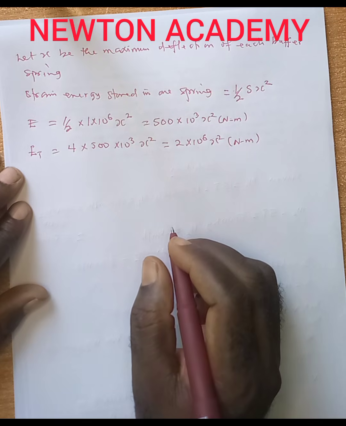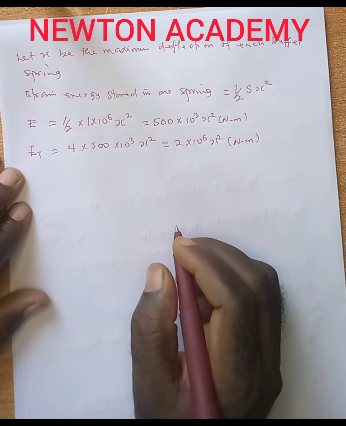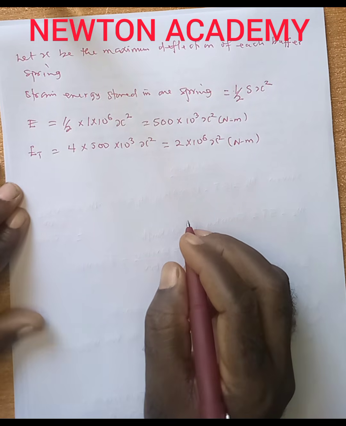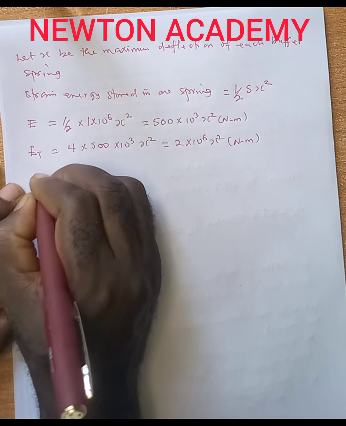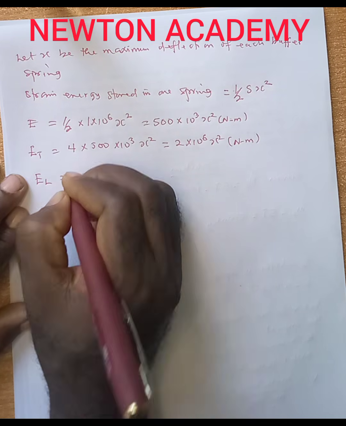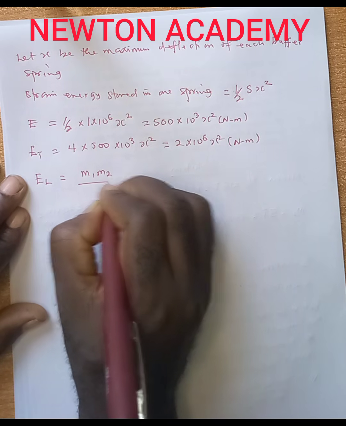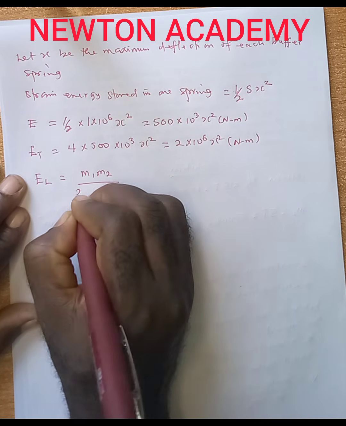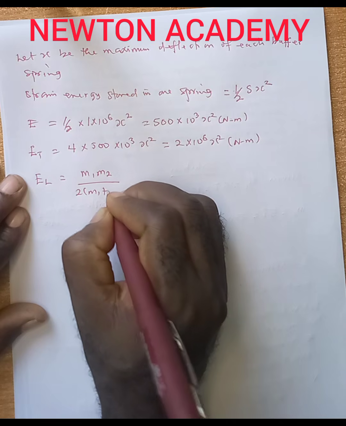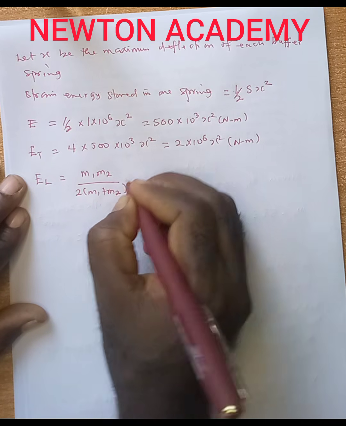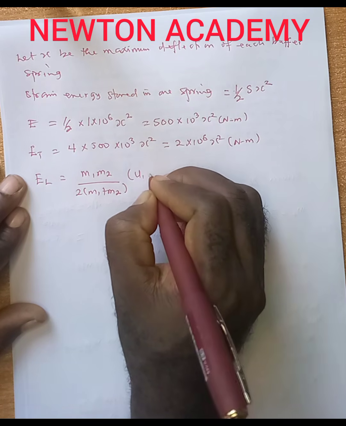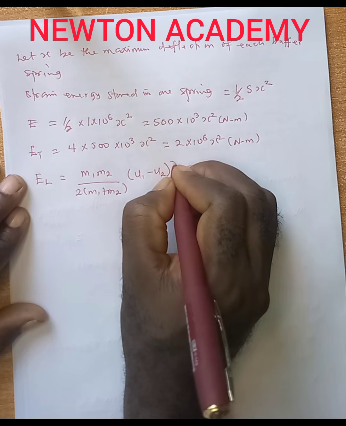Now, the difference in kinetic energy before and during impact, EL, is given as m1 m2 over 2 into m1 plus m2, then multiply by (u1 minus u2) squared.